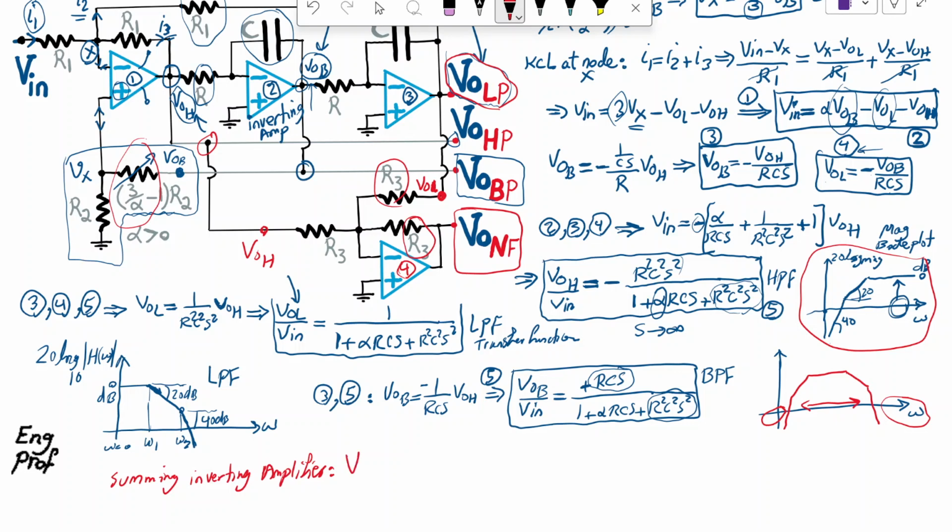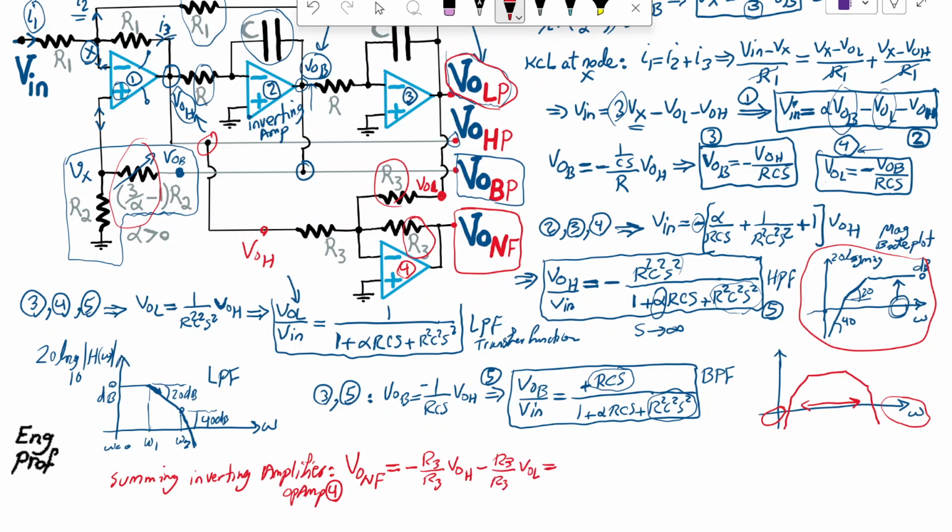So, therefore, the output of the amplifier for op-amp 4, so output V out notch filter or V out N, is minus R3 over R3 times V out high, and also minus R3 over R3 for V out low.